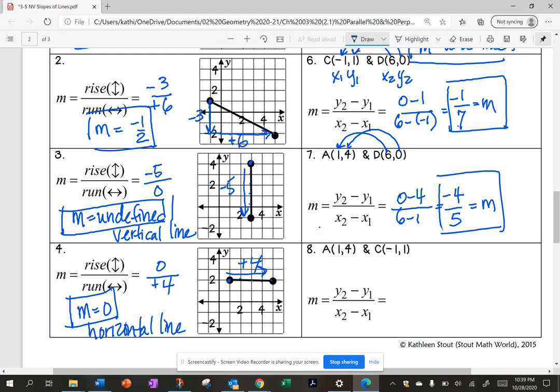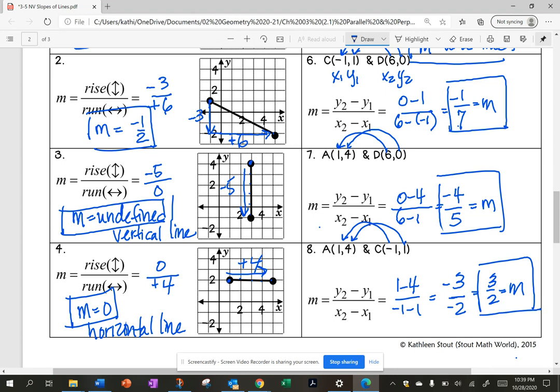Last one, how'd you do on that one? 1 minus 4 and negative 1 minus 1. So negative 3 divided by negative 2. Negative divided by negative is a positive, and that's my slope.